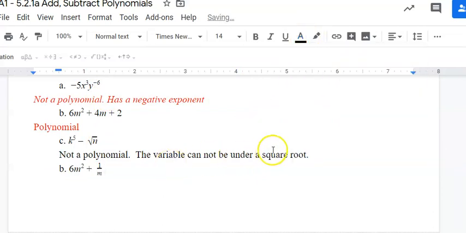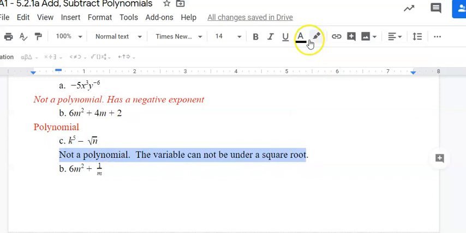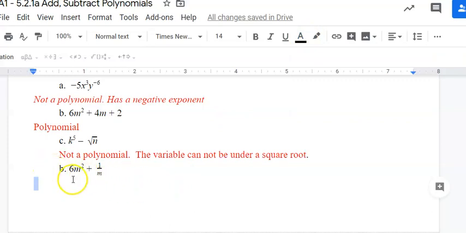Okay, the next one. For part D, we should have a D there. Let's make that D. This one is not a polynomial, and I'll tell you why. It does have a 6m squared, and that part's fine, but it has a 1 divided by m. 1 divided by m is the same as m raised to the negative 1 power.